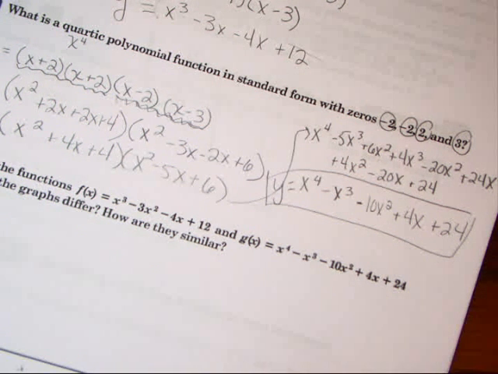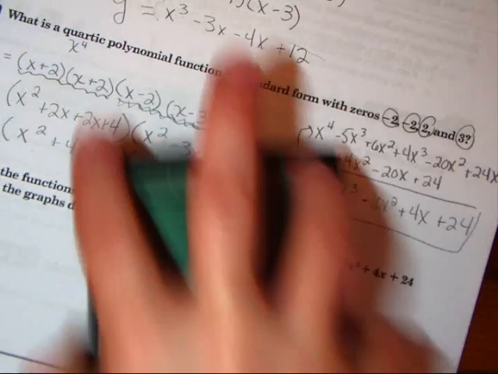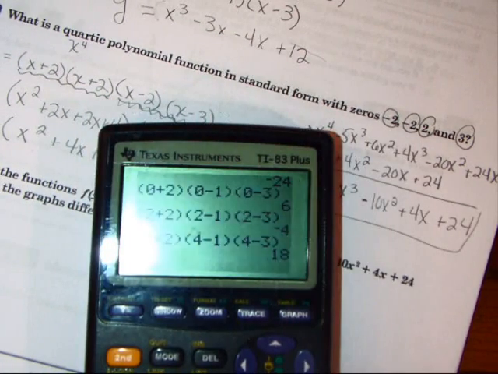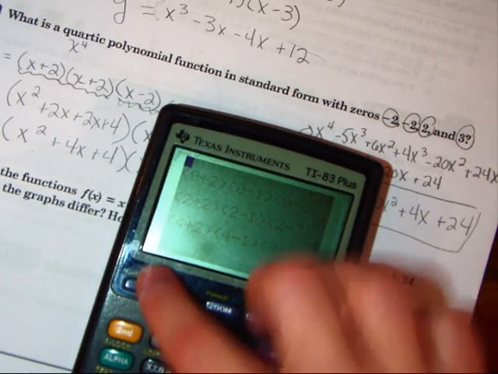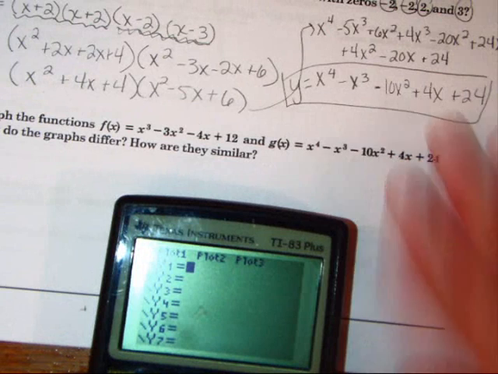Now what they want us to do is to put these on our calculator and compare them one to another. Okay? So if we do that, you ready? I'm going to get my calculator. Let's type each equation in to y equals. Alright, first one.